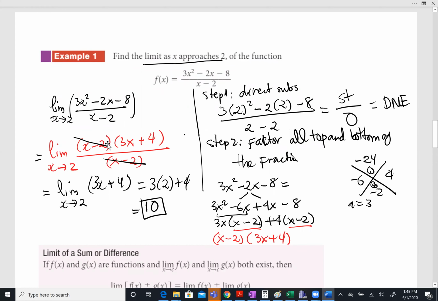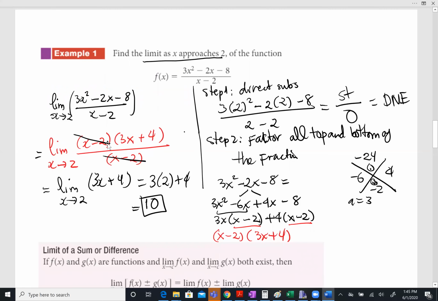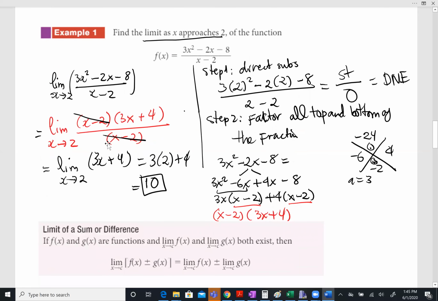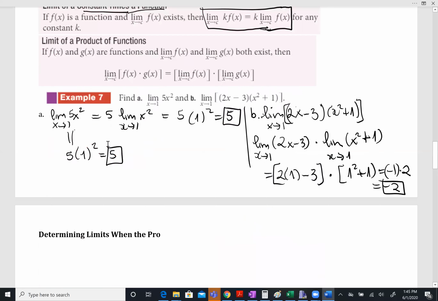When you do direct substitution, you get 0 over 0, then you have to factor. But if it cannot factor, let's see what happens.